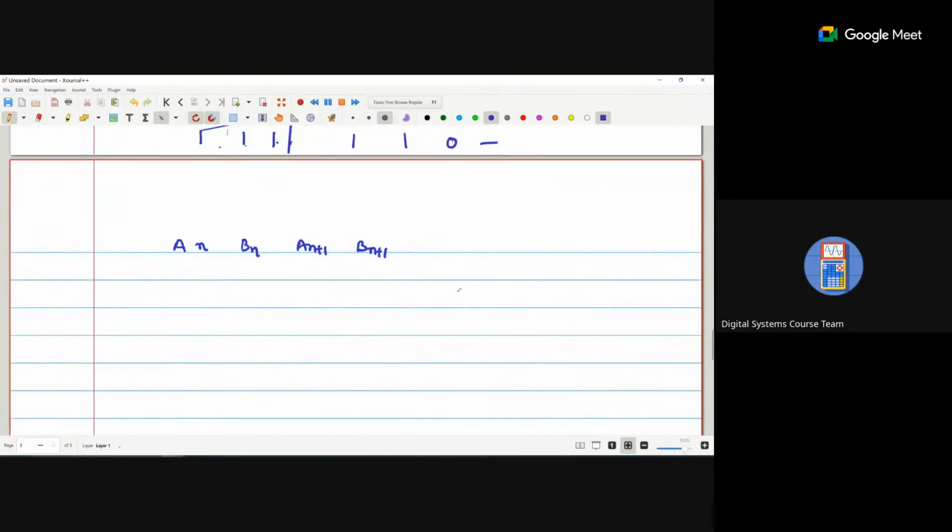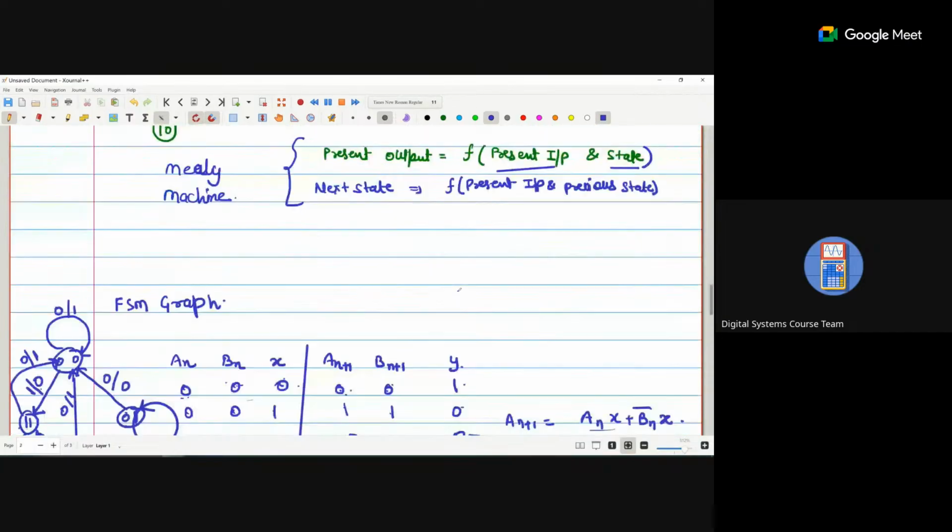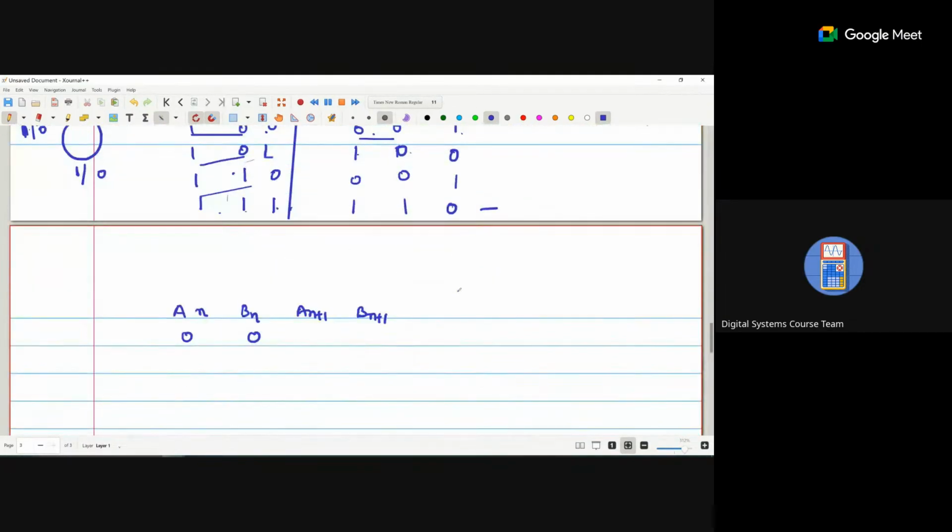So AN, BN is 0 0, 0 1. We are saying the DA and DB.